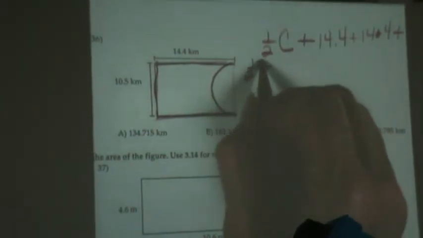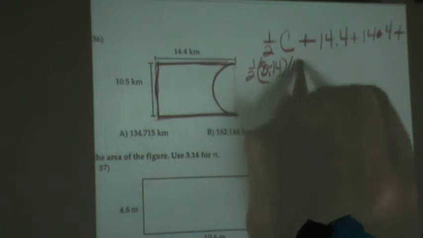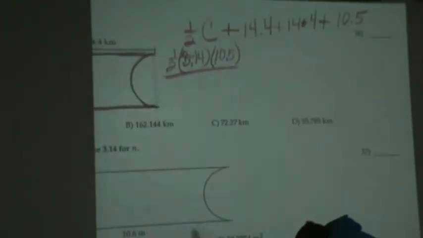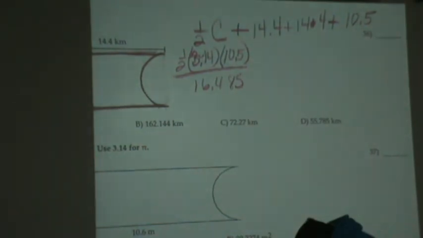So we're going to do 1/2 of 3.14 times 10.5. That's our half a circumference. Times 10.5. 16.485. Is that what you got?